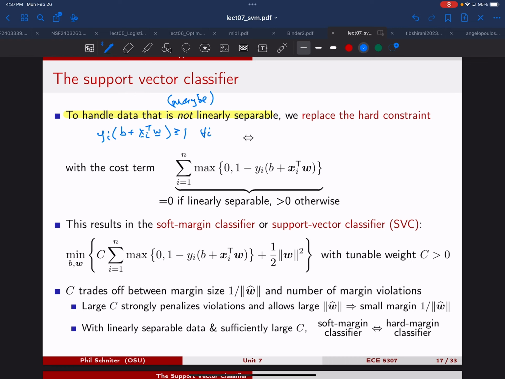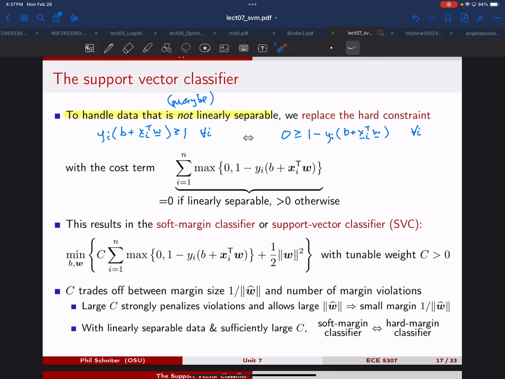So that's how we started writing it. Let's just rewrite this a little bit different by bringing the left side to the right side. So I'm going to subtract the yi term from both sides. So the left will be 0, and the right will be 1 minus yi times a quantity b plus xi times w, that whole thing, for all i.